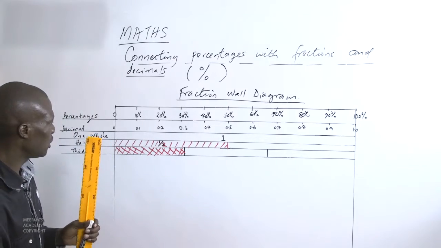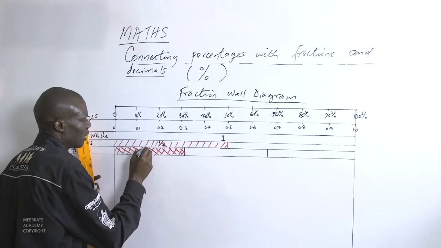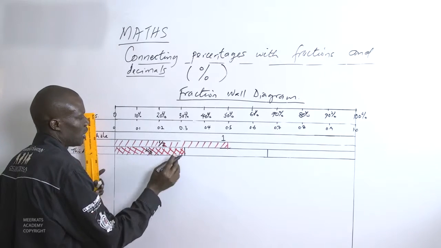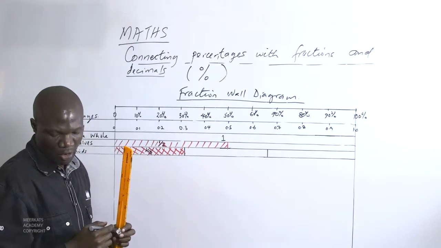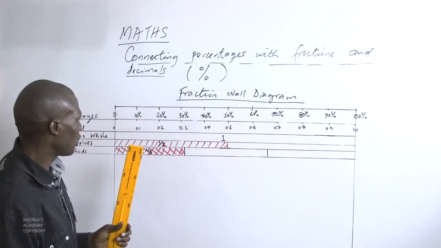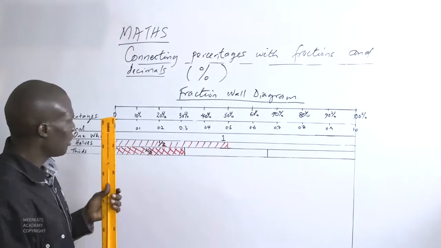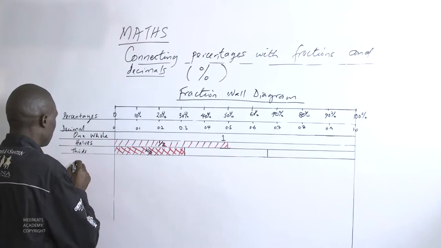So what you notice is that this first third is a third. So 3 of these makes a whole, or 100%. And we can have the last one for quarters.